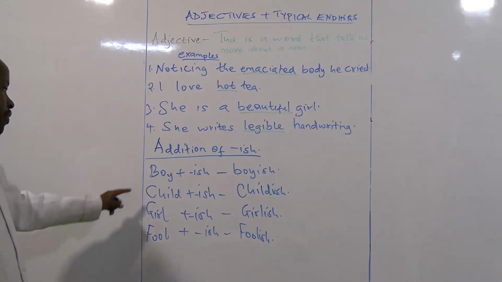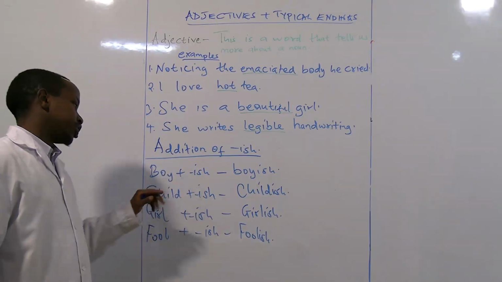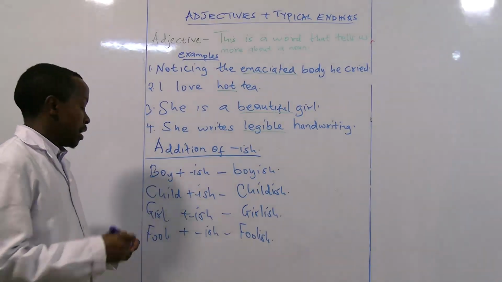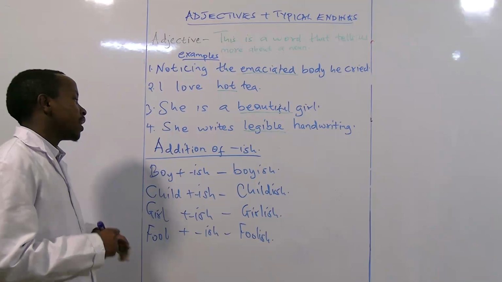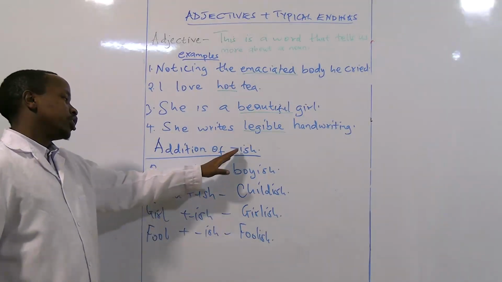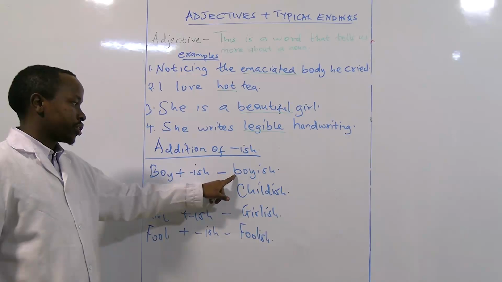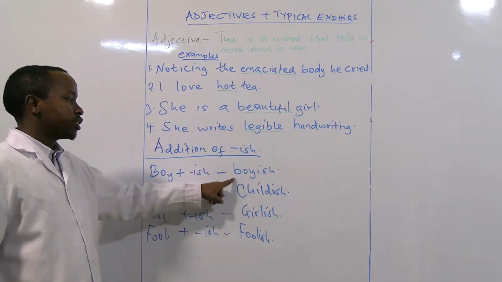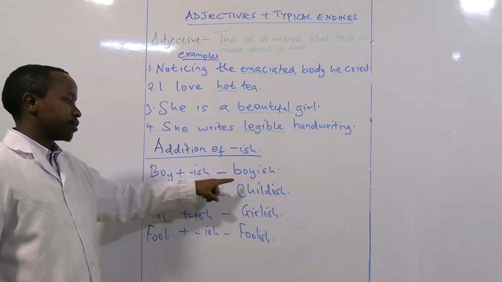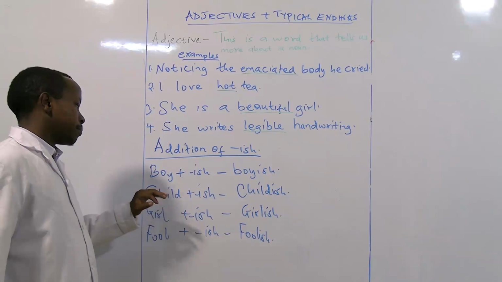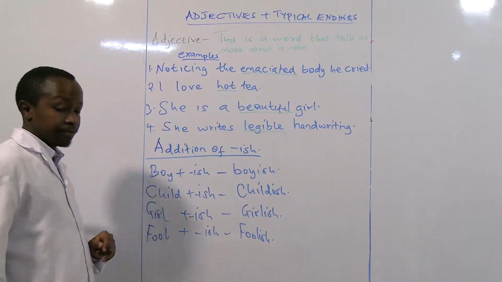Look at this. Boy plus ish. This is a noun. By adding the suffix ish at the end, it gives us boyish. It explains the state or the behavior of a certain person. Child plus ish. This is a noun.